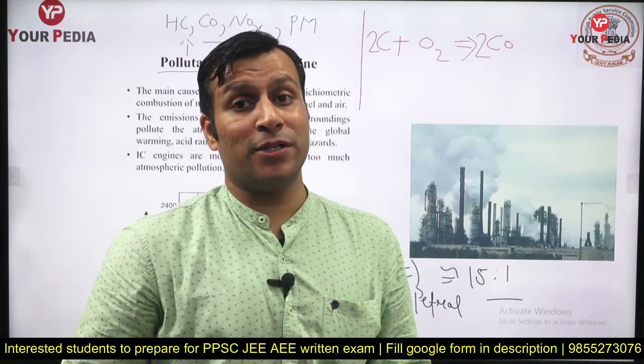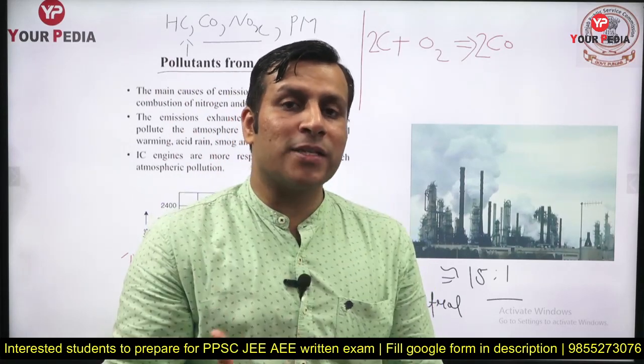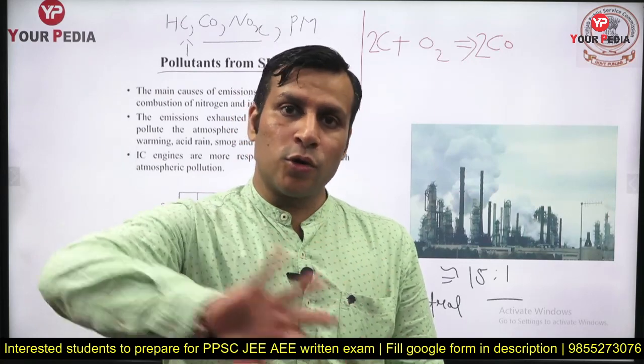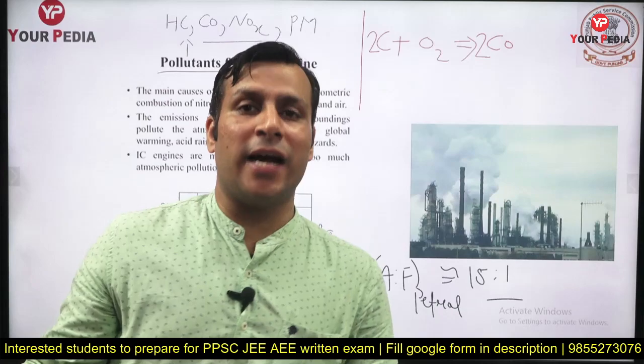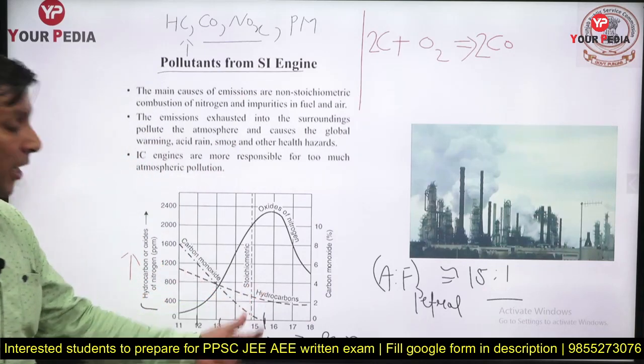Sometimes when you are injecting the fuel, suppose you are not injecting it at high pressure, so some droplets stay on the walls of the engine, and those droplets are not getting air, so that fuel goes into the exhaust gases unburnt. That is known as unburnt hydrocarbon. If some fuel goes into the exhaust gas without burning, that is known as unburnt hydrocarbon emission.